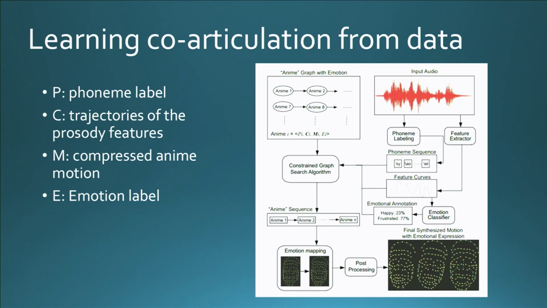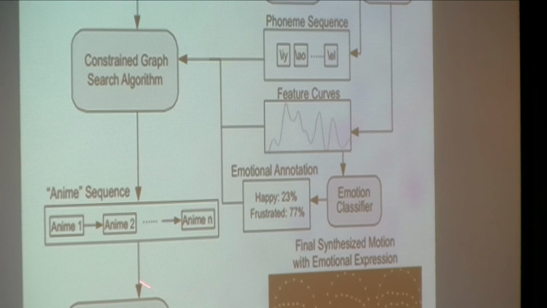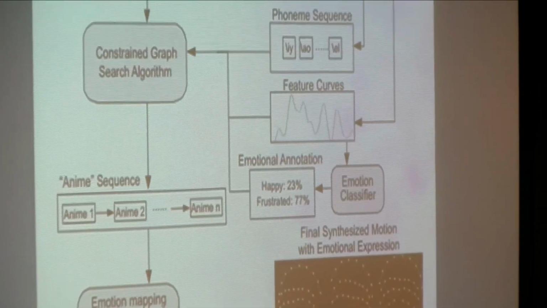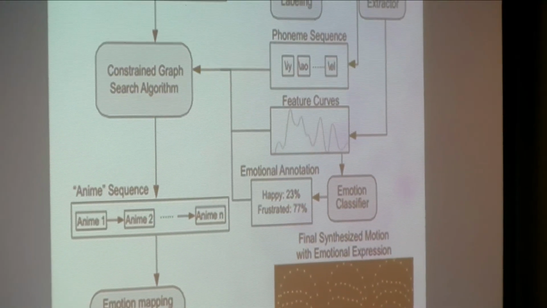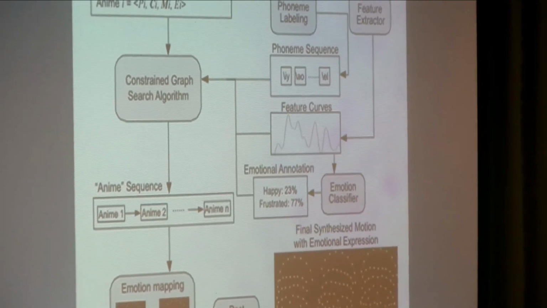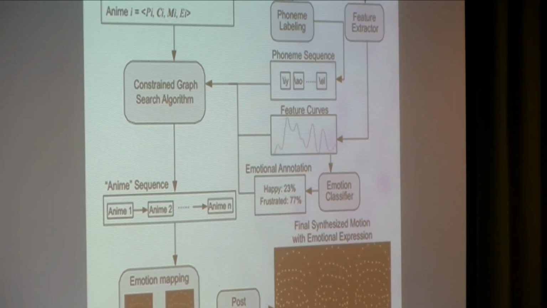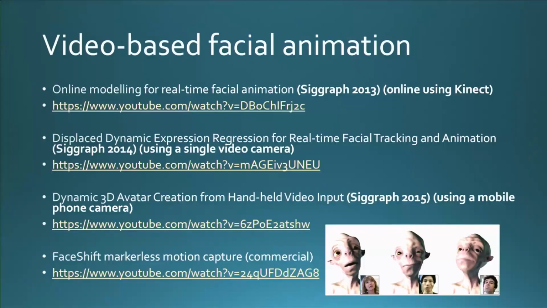On the other hand, you can do phoneme labeling and extract features regarding the emotional state, maybe happy or frustrated. Then you can use this information in a constrained graph search algorithm to generate an animation sequence that follows these constraints. For example, your constraints could be to find the right path that satisfies a certain emotion or smoother animation. So these were mainly based on optimization-based algorithms.